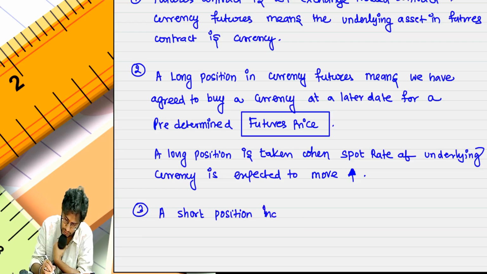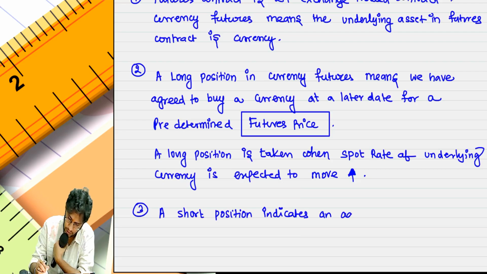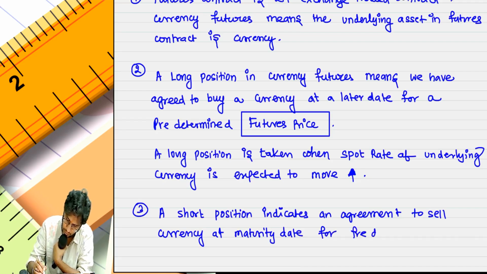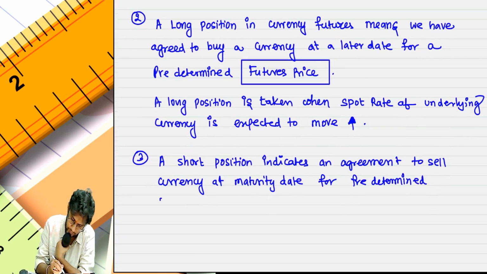A short position indicates an agreement to sell currency at maturity date for a predetermined futures price.